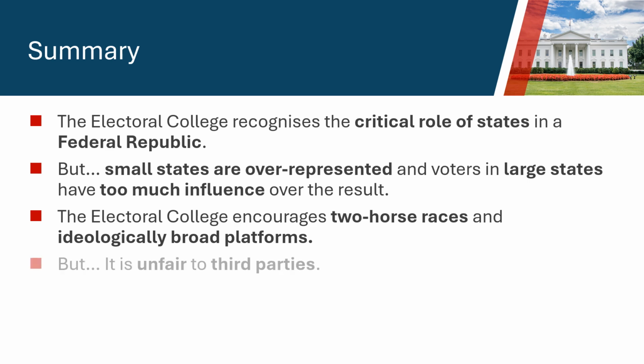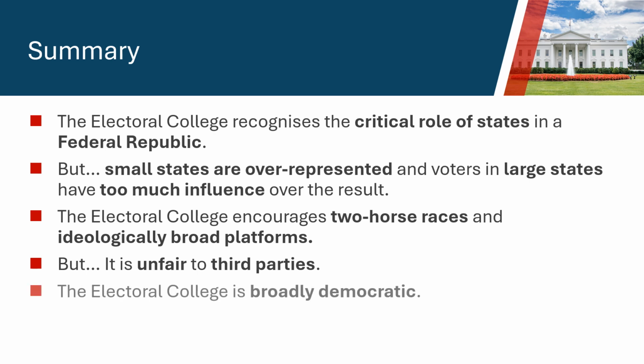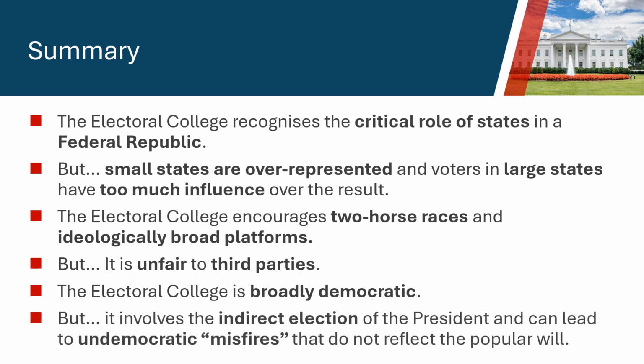However, it is unfair to third parties. Finally, the Electoral College is broadly democratic. However, it involves the indirect election of the president and can lead to undemocratic misfires that do not reflect the popular will. While many view the Electoral College as imperfect and in need of reform, we shall see in later lessons how reform is difficult to achieve due to the complicated formal process for amending the Constitution.